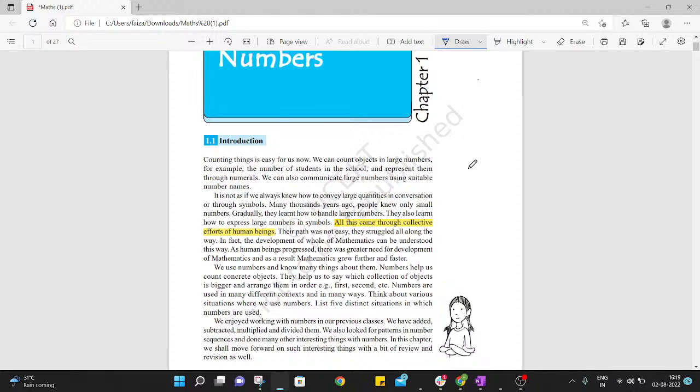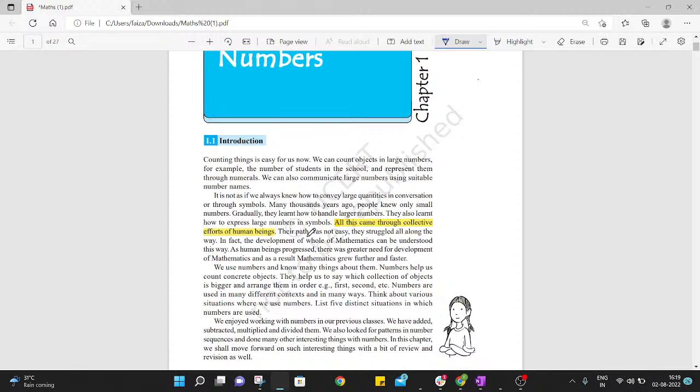It's not that one man has achieved so many things. It is the collective efforts of all the countries in the world, all the people in the world, of all the different nations. So that's what I really like about this line. That's why I have highlighted it.